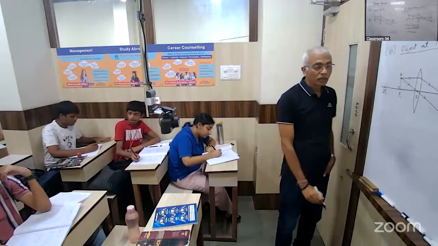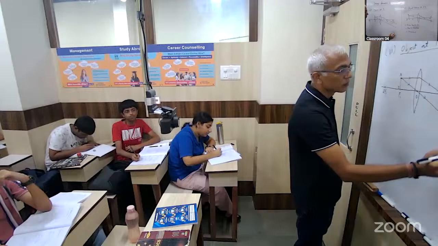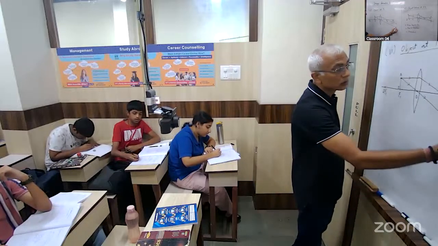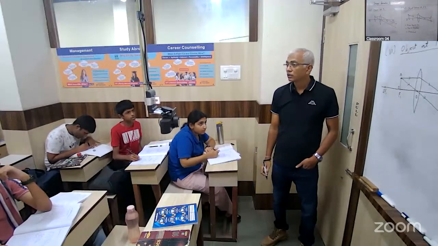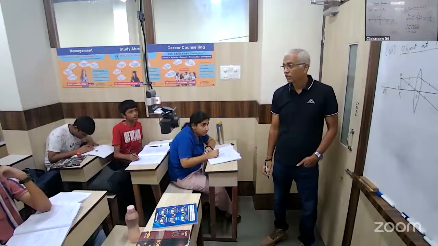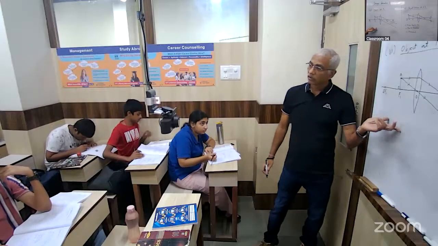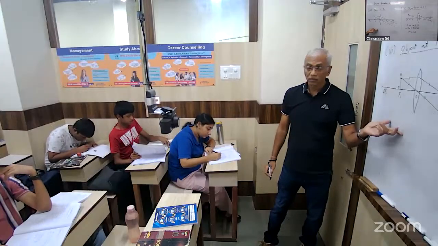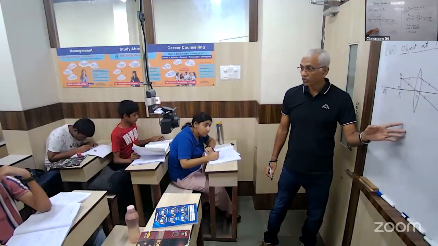So what are we getting here in this case? Parallel rays. Therefore, this becomes the case opposite to the first case. When the object is at infinity, image formed at focus.